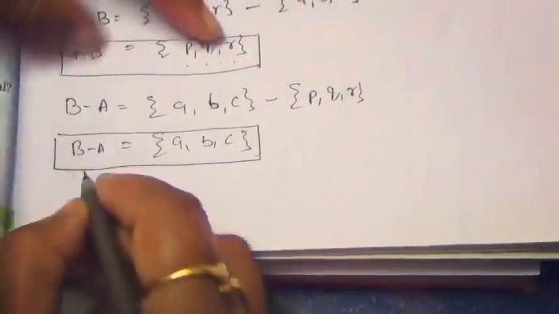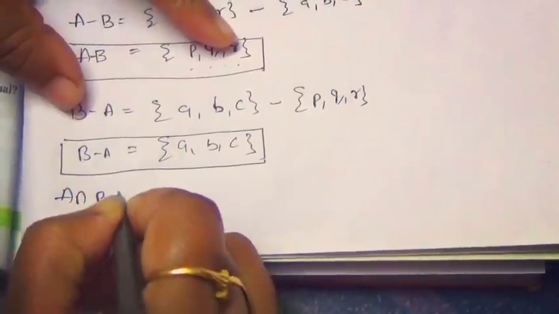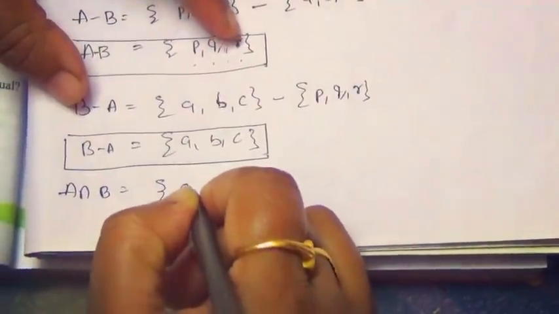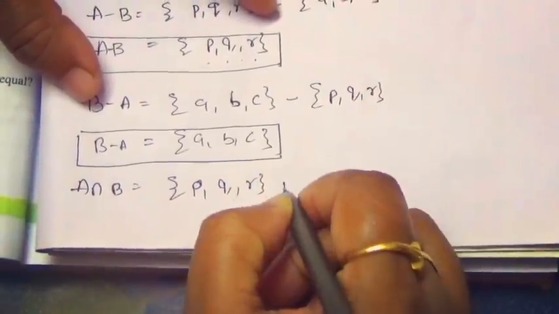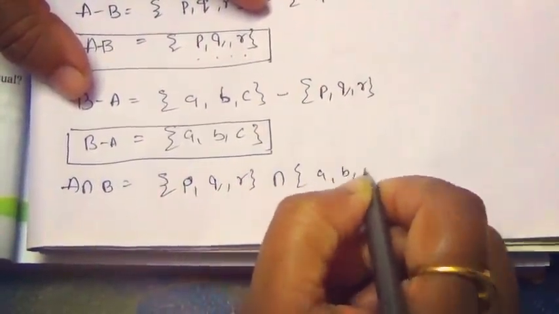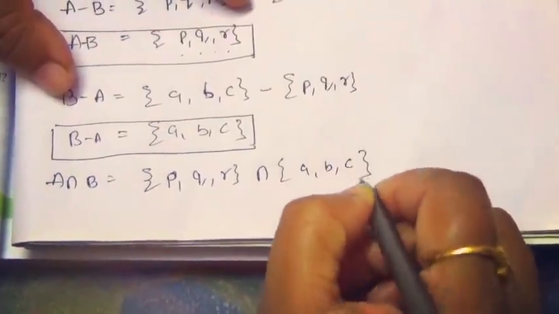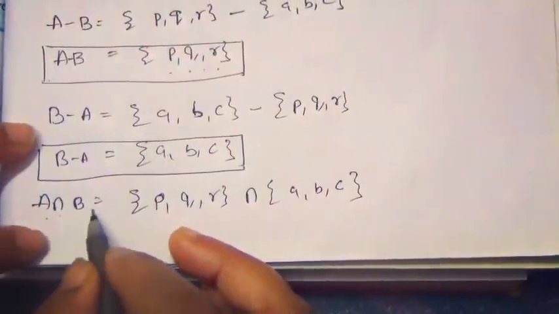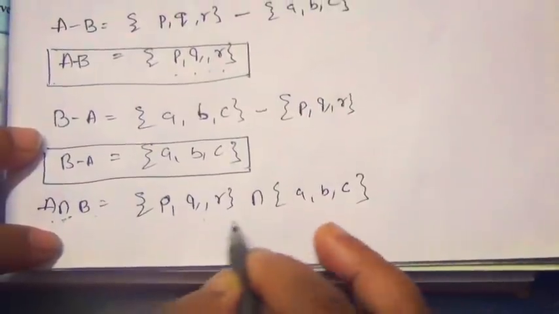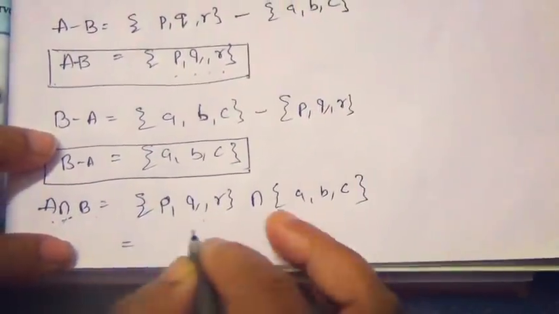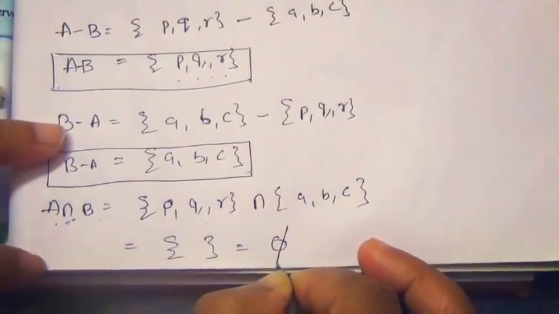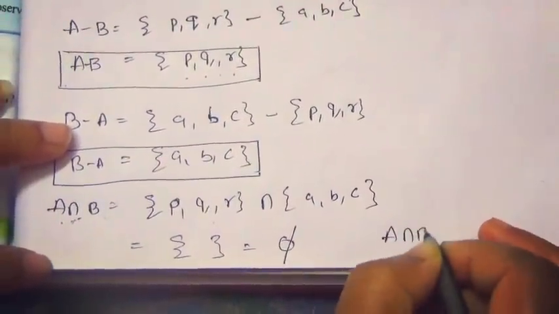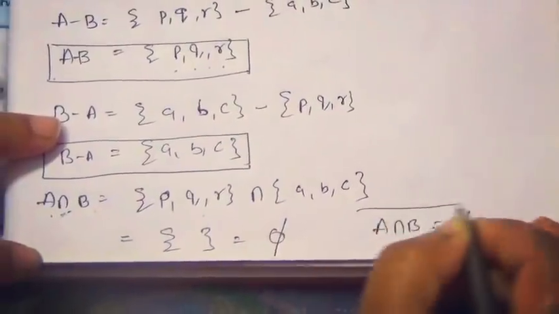Next we have to find A intersection B also. What is A? P, Q, R intersection A, B, C, right? A intersection B means the common elements have to be written in this set. Is there any common element? No, empty set. So A intersection B is equal to the empty set.